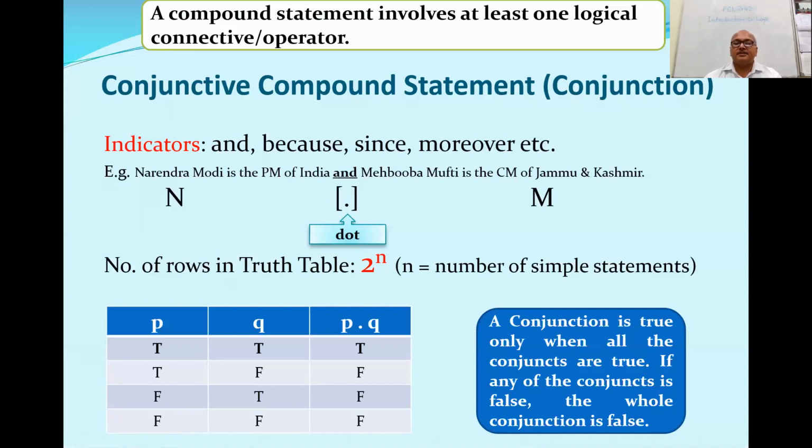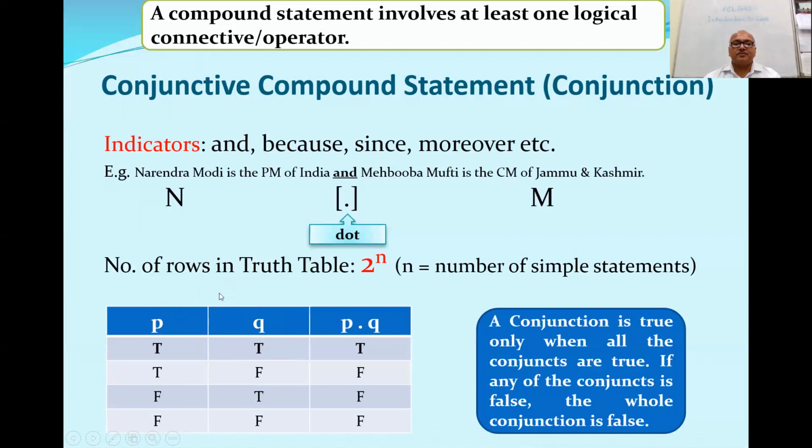So it is rather easy to decide when there is just one simple statement becoming part of a compound statement. But when there are two statements, they have got different values, right? One statement is either true or false. The other statement is also either true or false. So there are two statements.